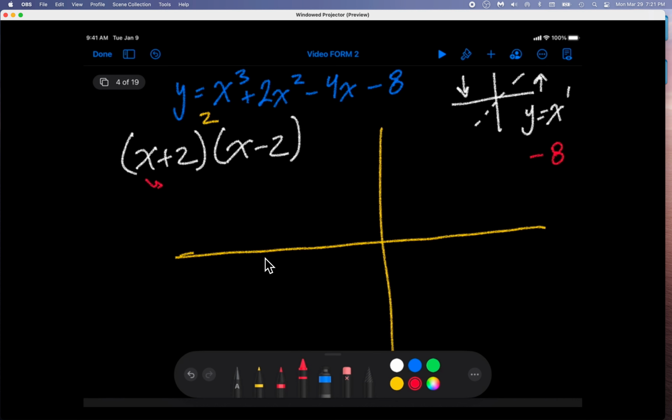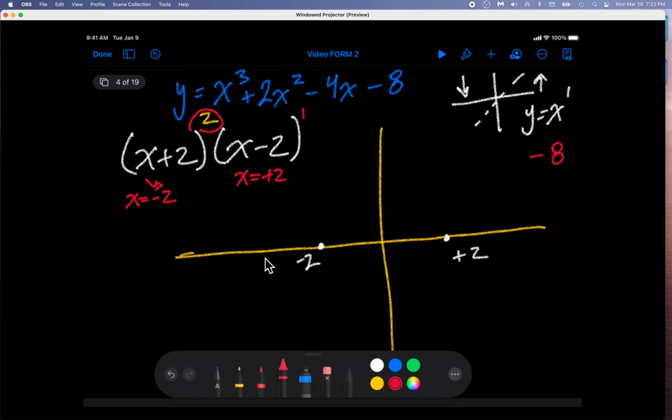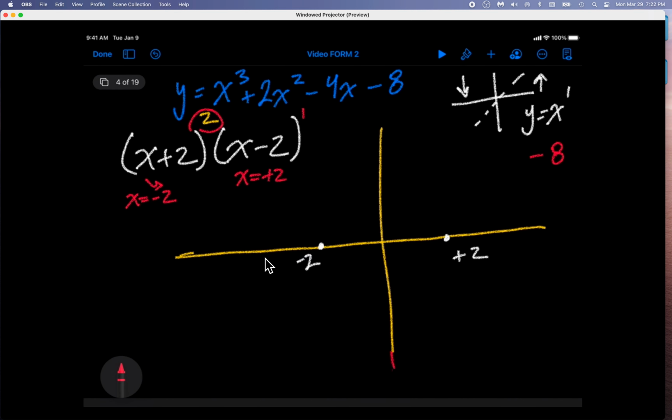This zero is going to be x equals -2, and we're going to bounce off it because that's even. This is going to be x equals +2, and because that's odd, we're going to move through it. Okay, let me plot those. So here's -2, here's +2. Let's not forget our y-intercept. It's down here. It's going to help us.